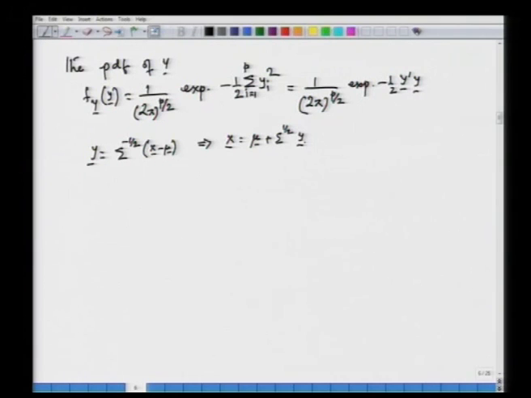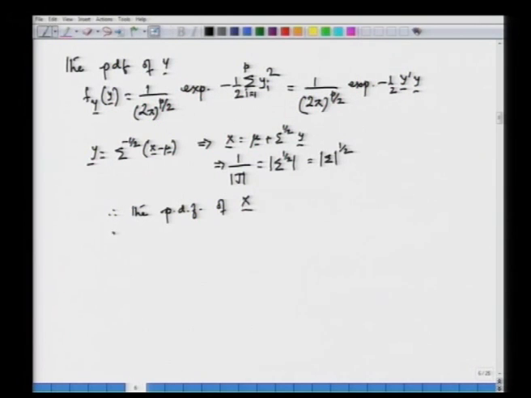So, if we consider the differentiation in this form, what we get is not the Jacobian, but the inverse of the Jacobian, which implies that 1 by this Jacobian is the determinant of this matrix, which is the determinant of sigma to the power half, basically the square root of the determinant of sigma.